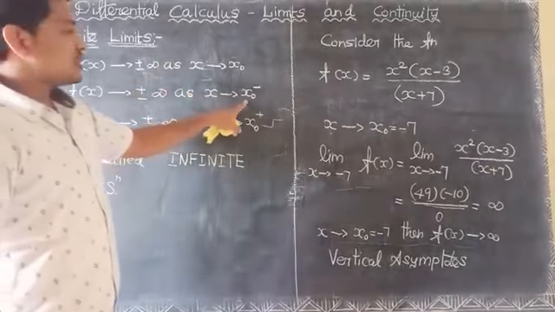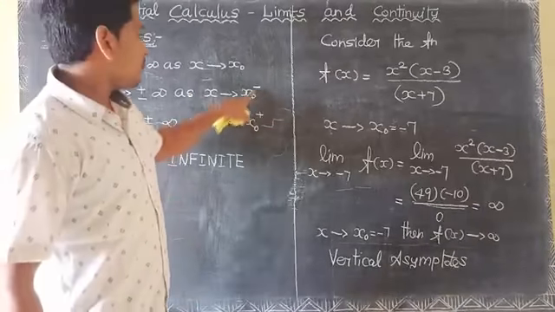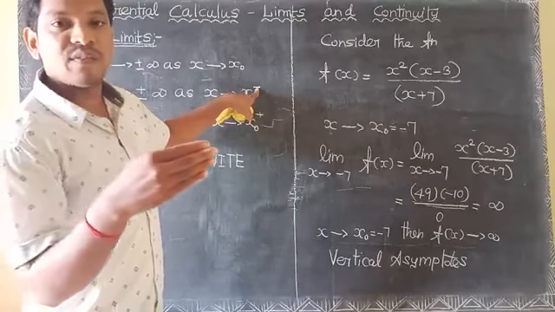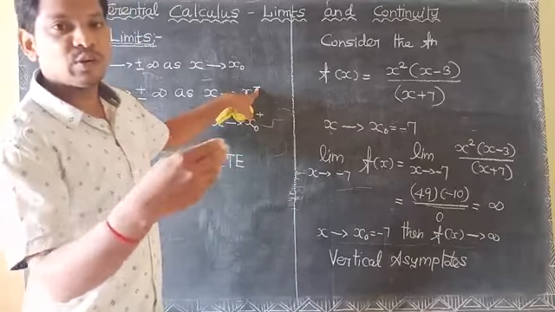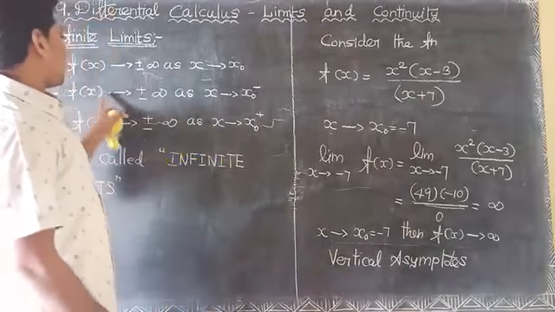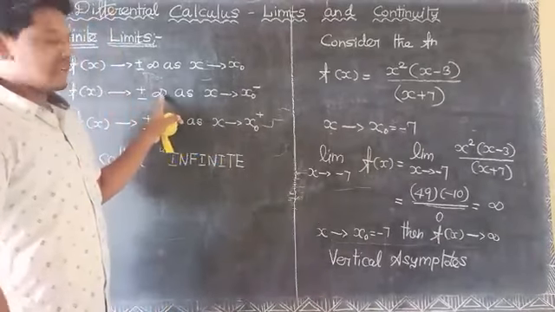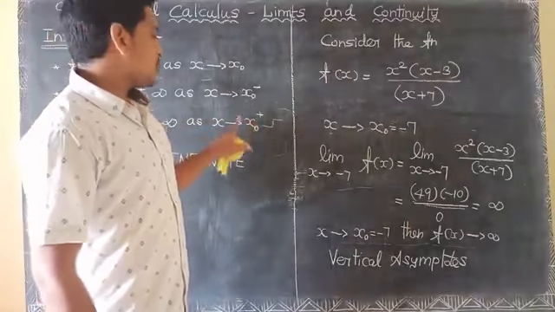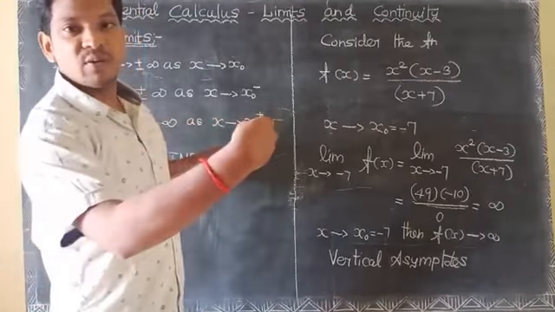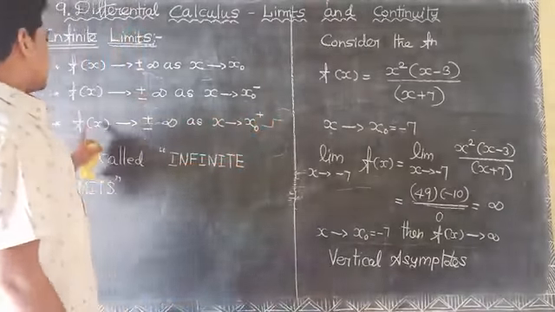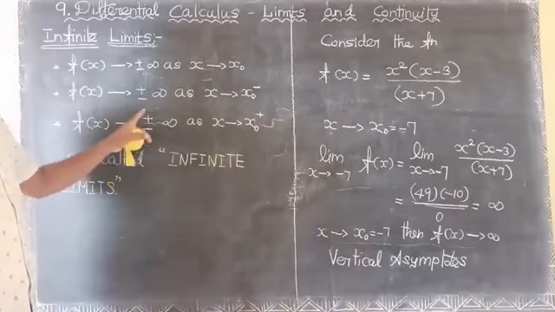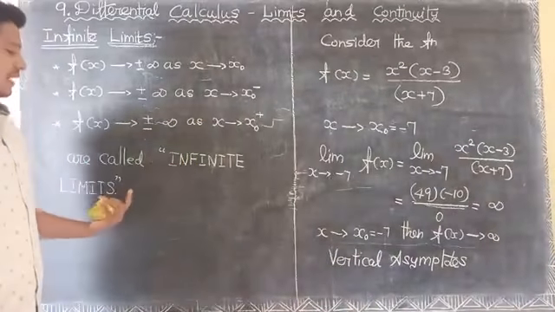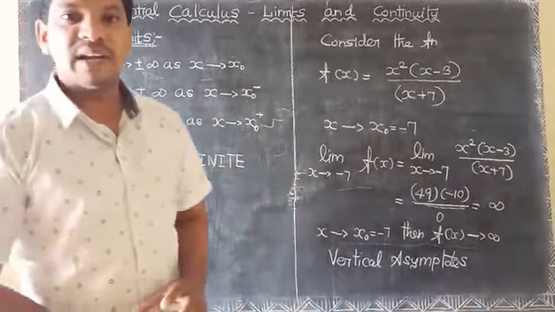Then x approaches x naught minus, the minus representing the direction from left, f of x approaches plus or minus infinity. As x approaches x naught plus, that is from the right hand side, f of x approaches plus or minus infinity. This is called the infinite limits.